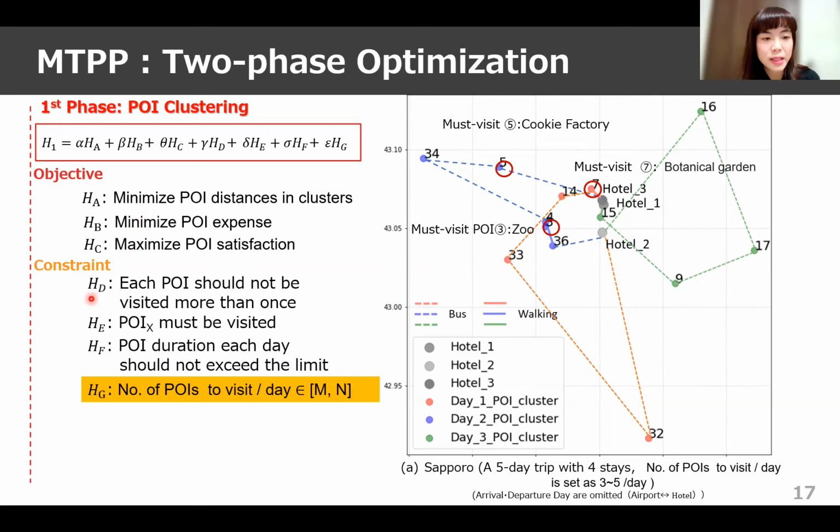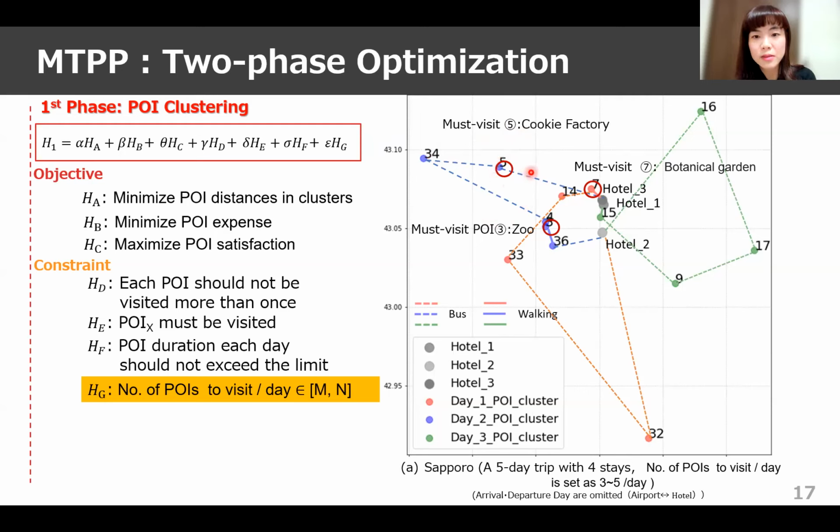And for the constraints, we also consider 4 constraints in the first phase. The first one is that a POI should not be visited more than once. It is the same as the constraint in one-phase optimization. And the second constraint is that POI X must be visited. So here is an example of how a route in two-phase looks.